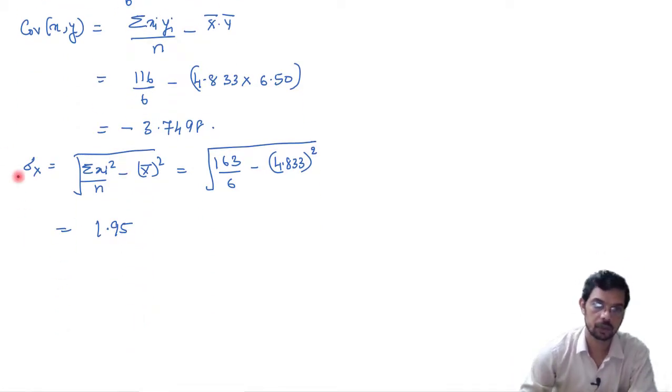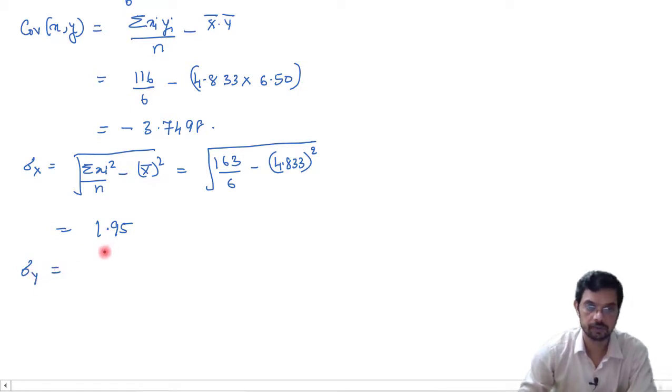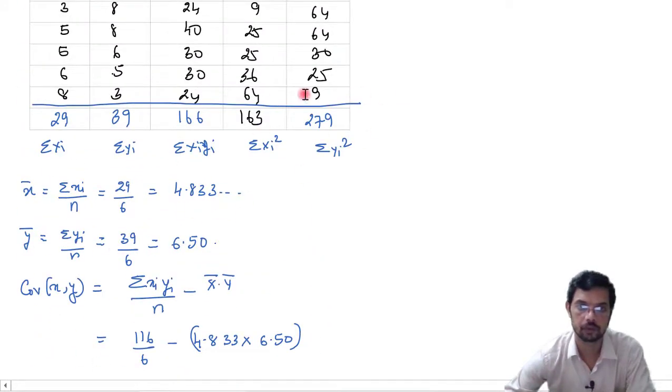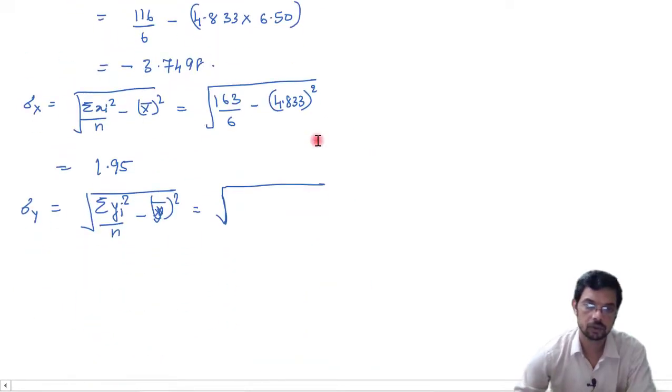Sigma y is also equal to, what is sigma y? Standard deviation of y is defined as the whole root of sigma yi square divided by n minus y bar square. Okay, that is equal to under root of, what is sigma yi square? Sigma yi square is equal to 279.